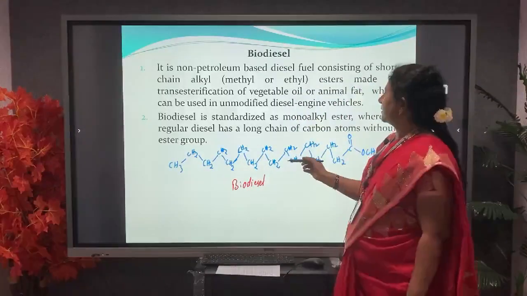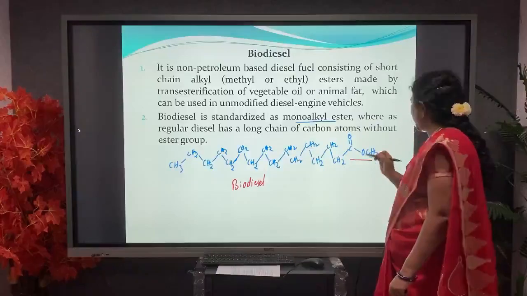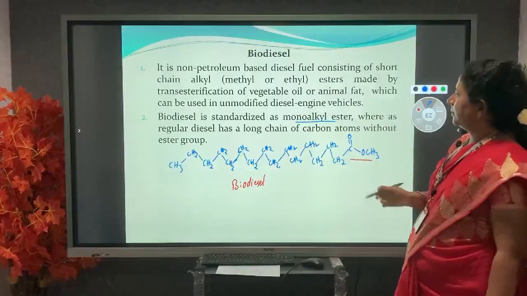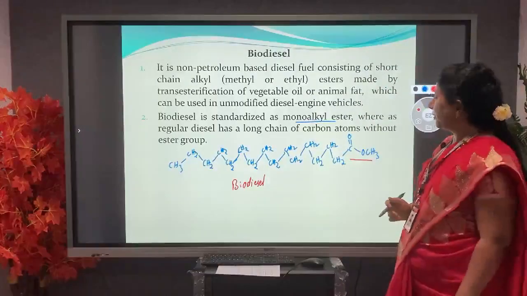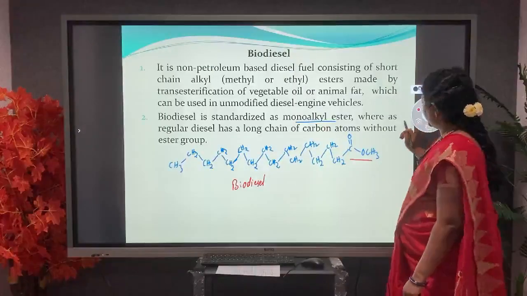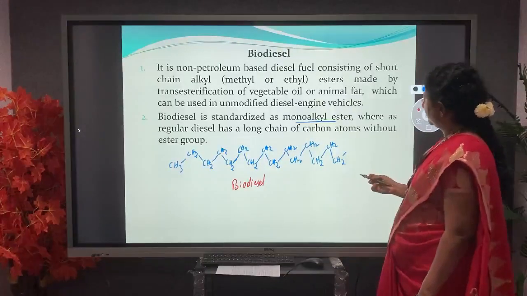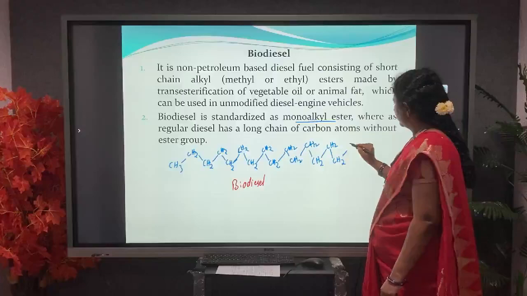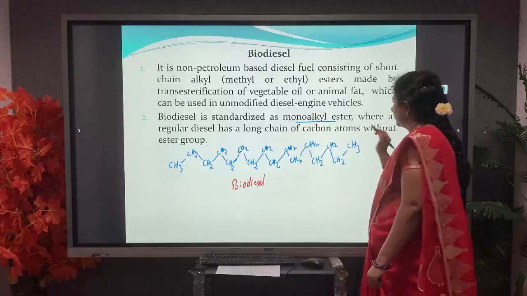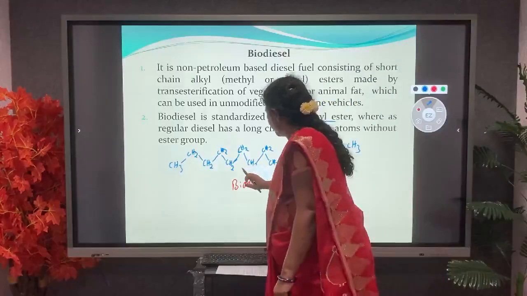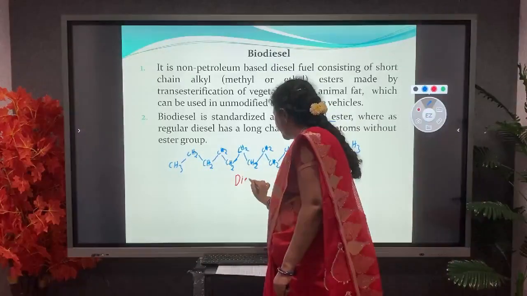Biodiesel is standardized as monoalkyl ester. So, this is the monoalkyl ester group, whereas the regular diesel has long chain of carbon atoms without ester group. So, this is the structure of regular diesel.